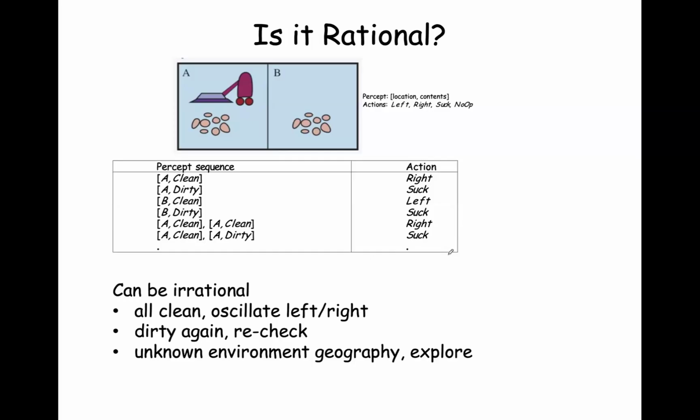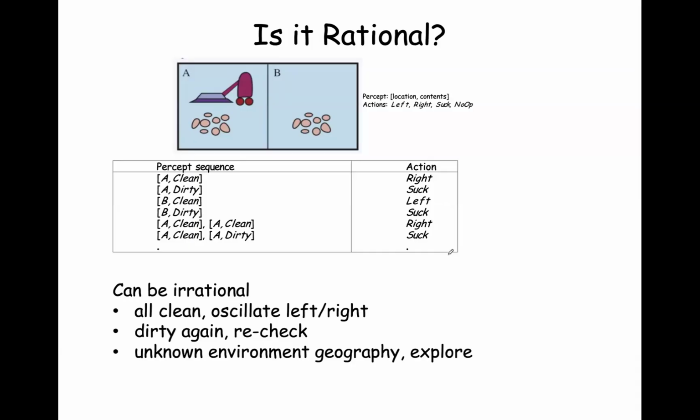So while this seemingly is rational, right? And depending on how you think of rationality, do you produce actions that effectively clean the environment? Yes. But this oscillation is a practical problem because in the real world, you'll burn all of your power and now you just have a dead robot that has no battery life in it.